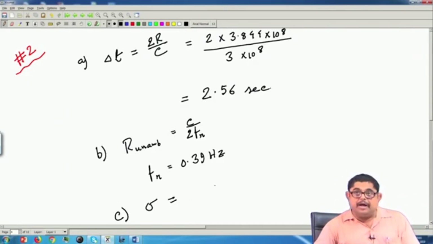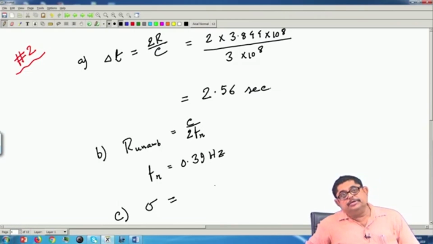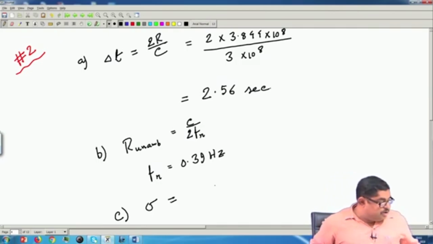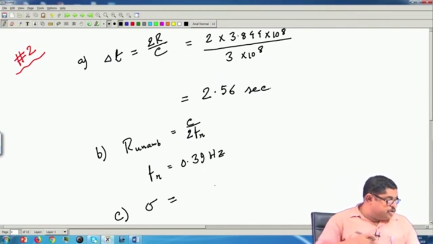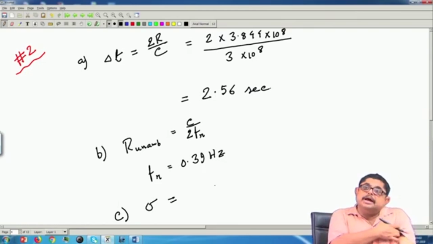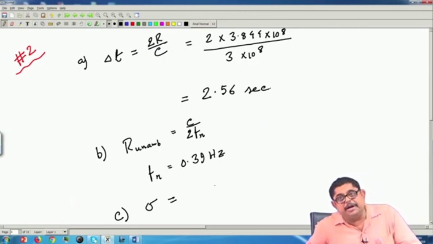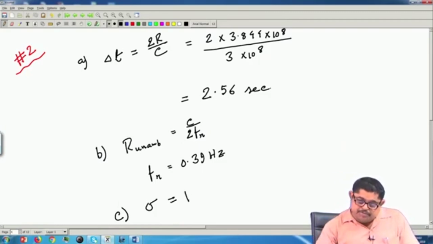Now, what is sigma? Though sigma is not dimensionless, it has meter square as the unit, but that does not give the clue. Basically it is a ratio of power. If you see our definition of RCS, it is the power that is radiated, etc. So, that is why we will have to take 10 log.